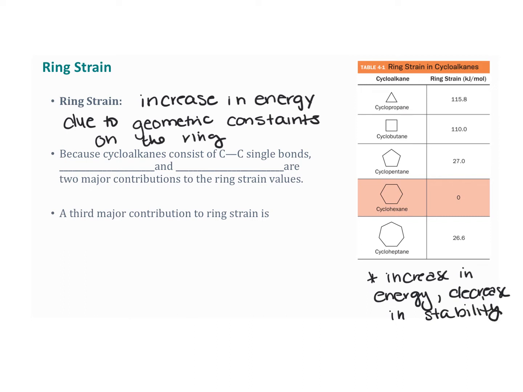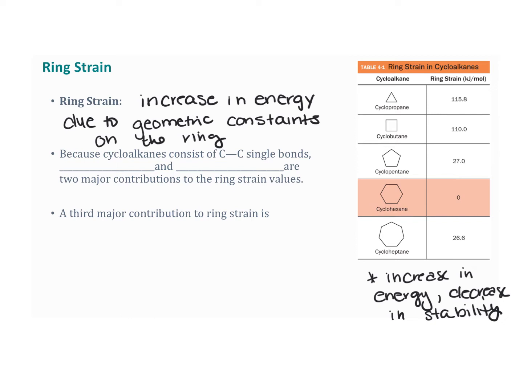So what we see here in this table is that what's highlighted is cyclohexane, and it has no ring strain. That means it's going to be really stable for us. Cyclopentane, which is here, and cycloheptane have a really small amount of ring strain.